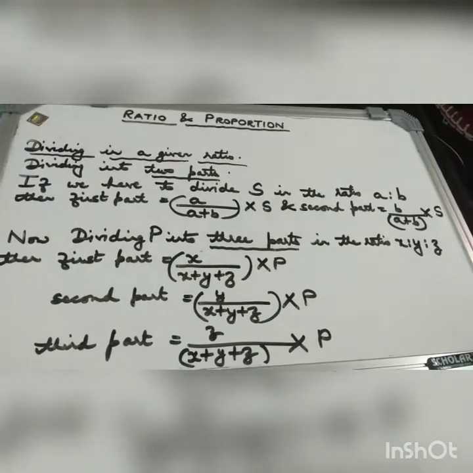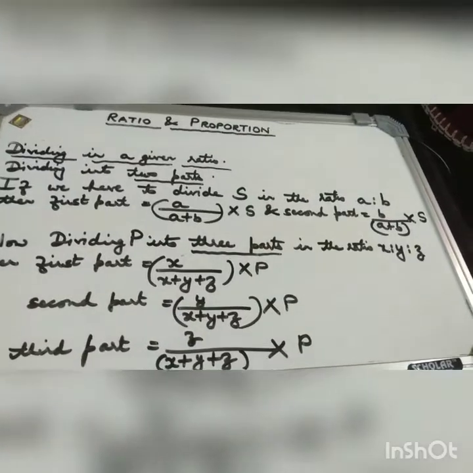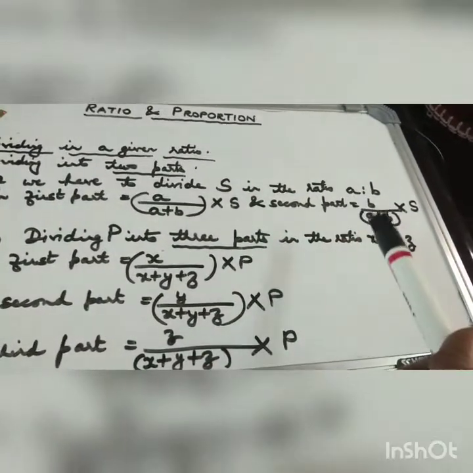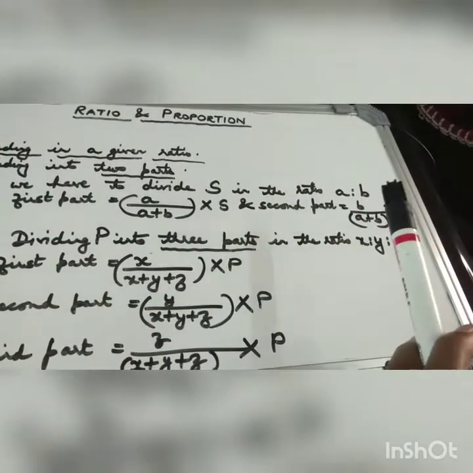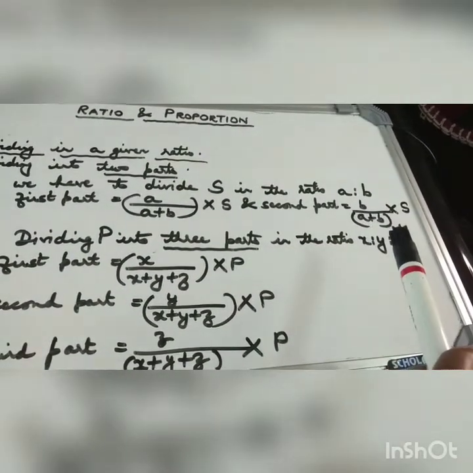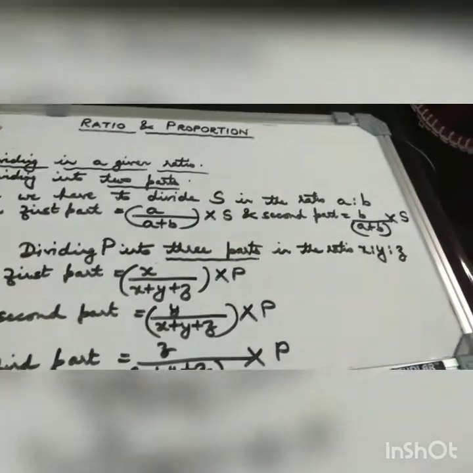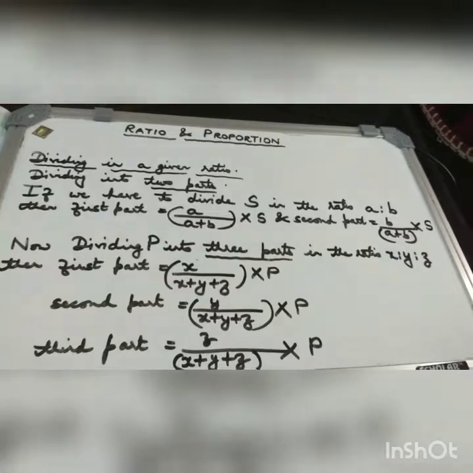I hope you understood. And the second part is given by B upon A plus B, that is second ratio upon A plus B, sum of the ratios, into S. I hope you understood the method.